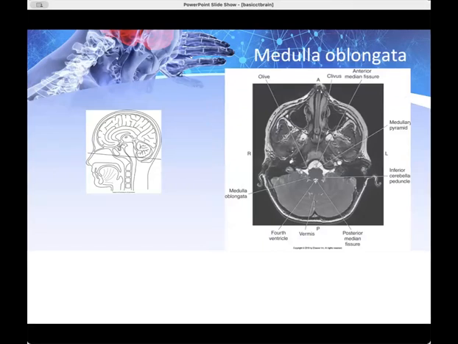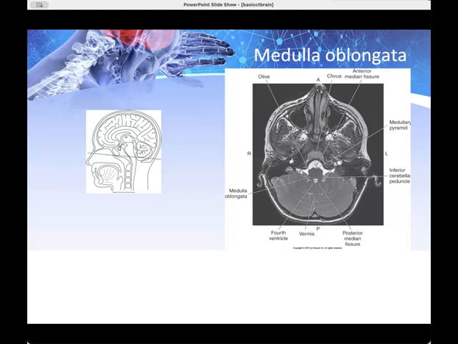The medulla oblongata. Here we have an axial T2 weighted MRI of the medulla oblongata and olives. The medulla oblongata extends from the pons to the foramen magnum, where it continues as the spinal cord. The medulla oblongata contains all fiber tracts between the brain and the spinal cord, as well as vital centers that regulate internal activities of the body.